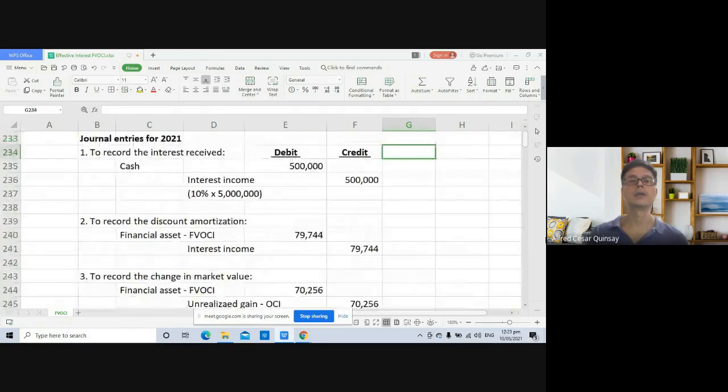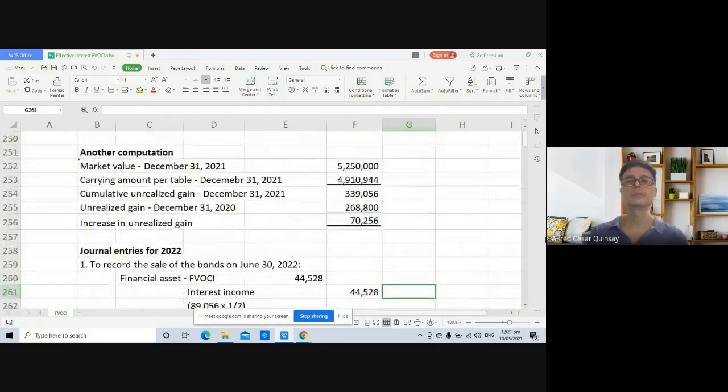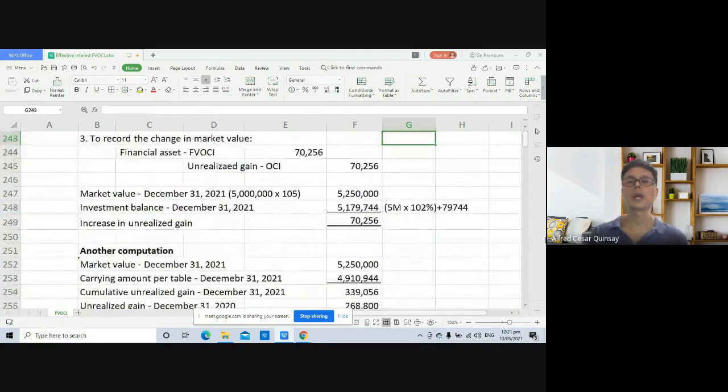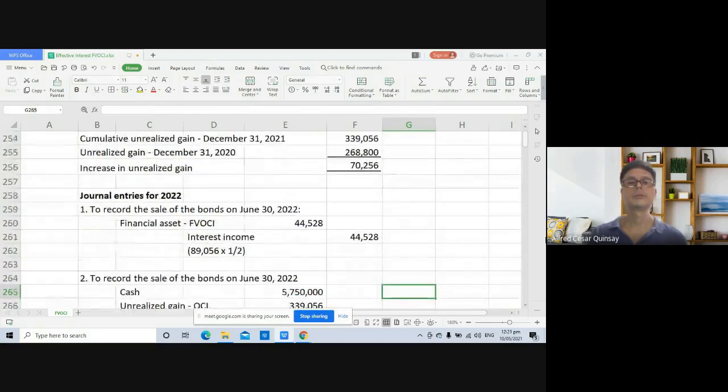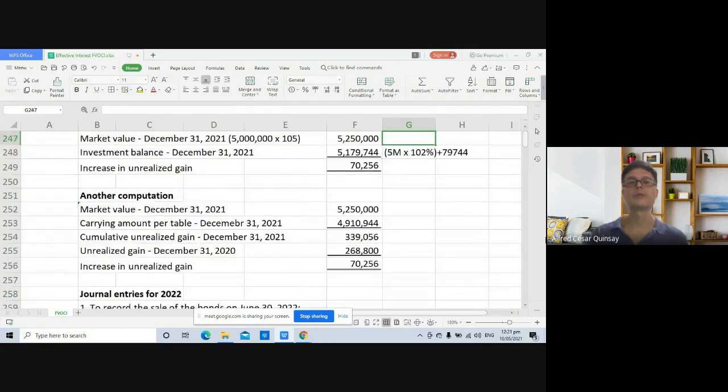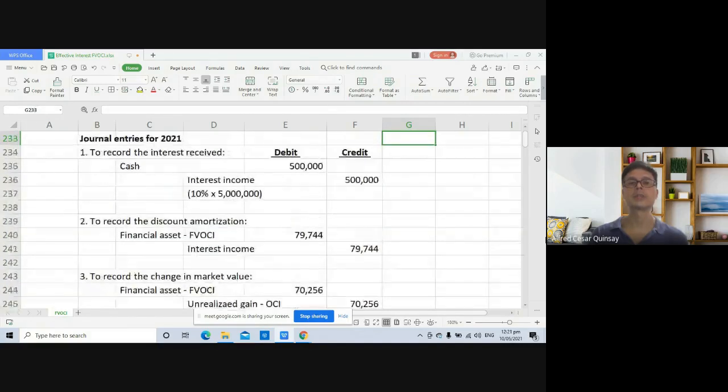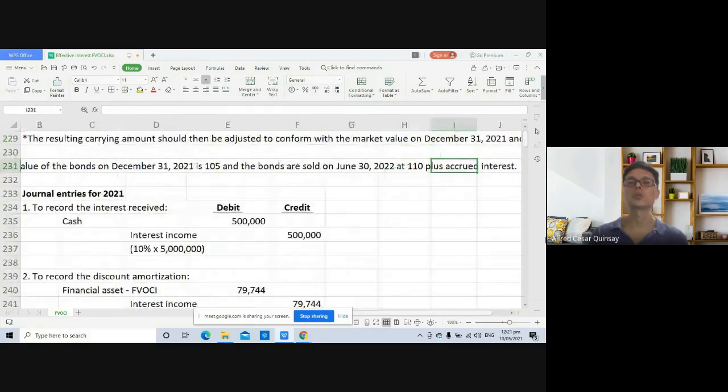Okay, sabi, ayun, na-compute raw siya ng ganon. Bonds were sold at 110%. Saan ba nakalagay yun? Ayun, ito.